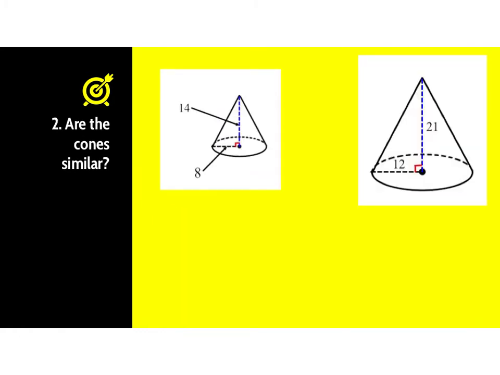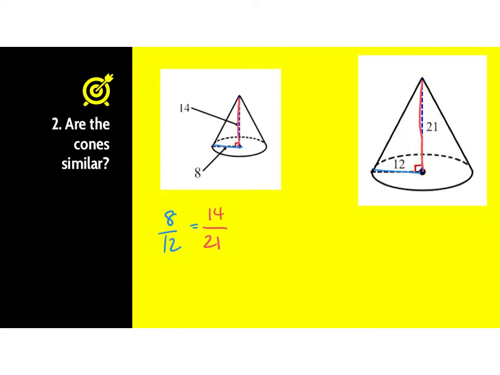Okay, let's take a look now at these two cones. Again, we are going to set up ratios of corresponding lengths. So in this case, we're going to use the radii of the circle here and here. So I have 8 is to 12 as, and then we're going to use the heights. So we have 14 and we have 21. So 14 is to 21. Again, I could simplify. I could cross multiply.